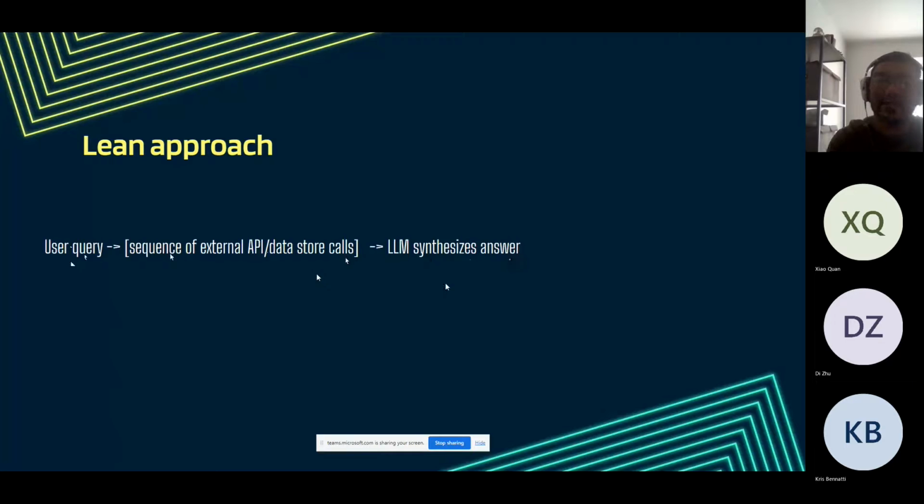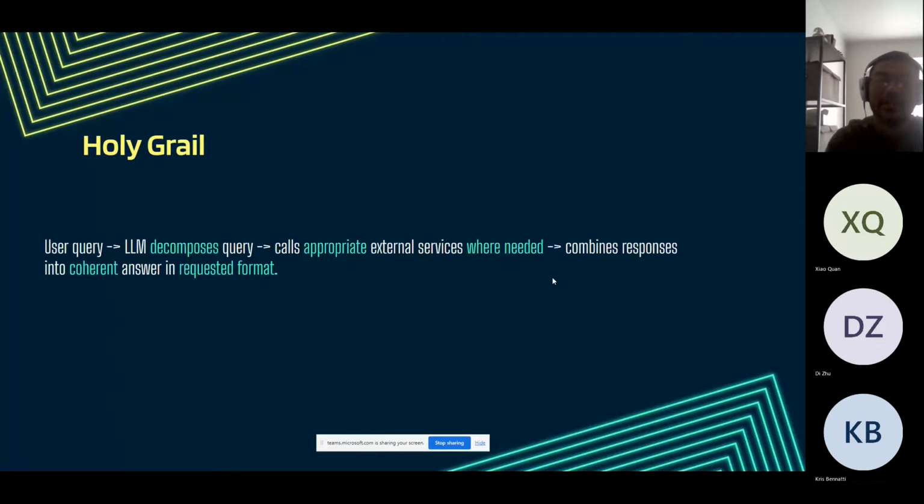Here the heavy weightlifting is done by all the external tools, and the LLM just figures out, from the output, what is relevant to be generated as an answer.